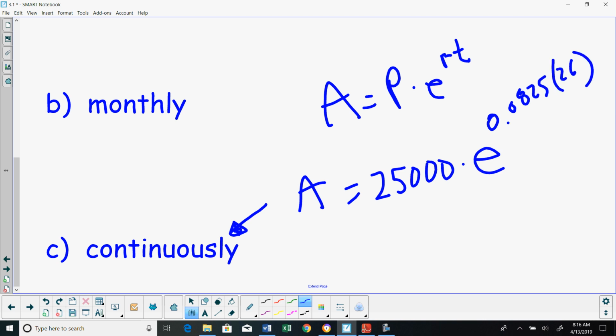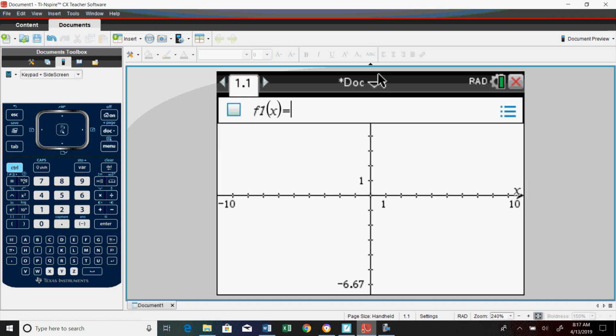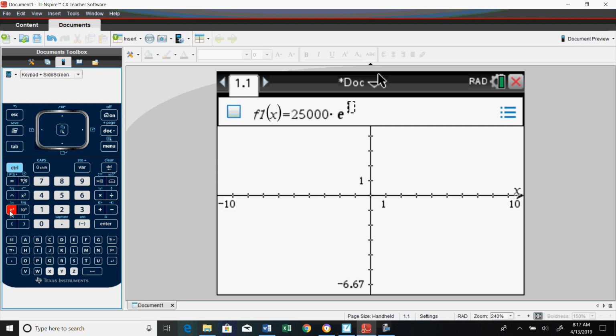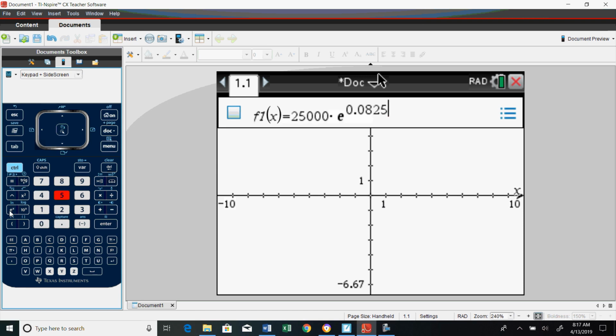So that's the equation that we are going to use. If I grab the calculator, I get 25,000 times, I'm going to use this e to the x button here, and I want 0.0825 times 26.